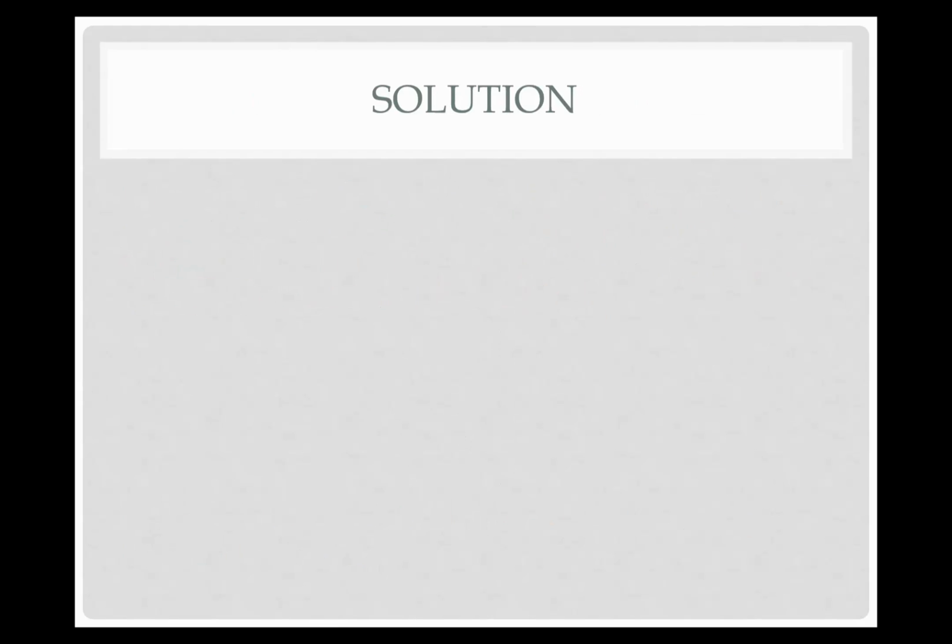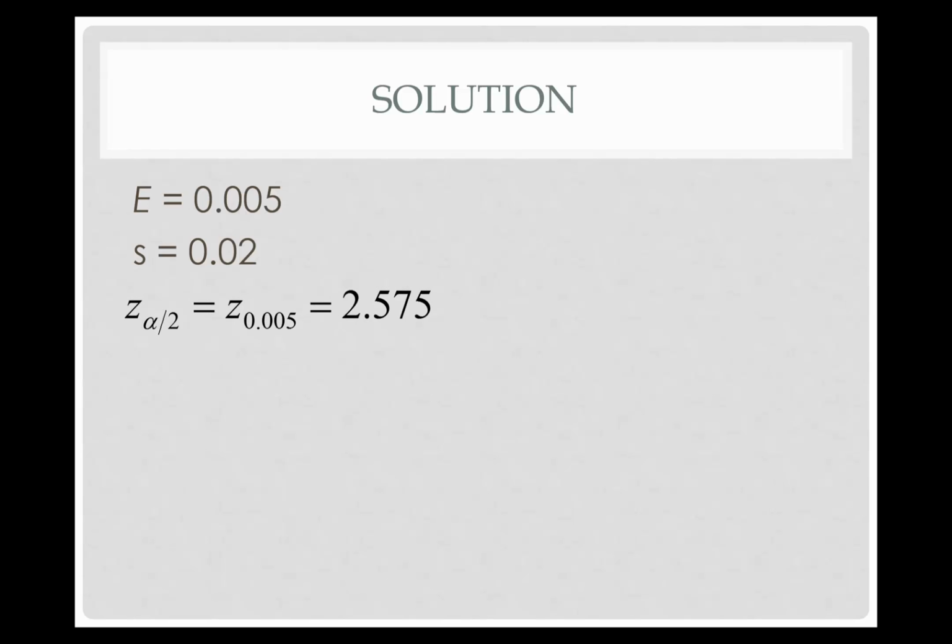All right, so let's take a look at our solution. We know that E is 0.005, because the problem told us that, and we know our standard deviation is 0.02. We knew that we wanted 99% confidence, so that means that alpha is 0.01, so half of that is 0.005, and so when we use the inverse normal function on a calculator or you use a z-table, you get 2.575 as your z-value.